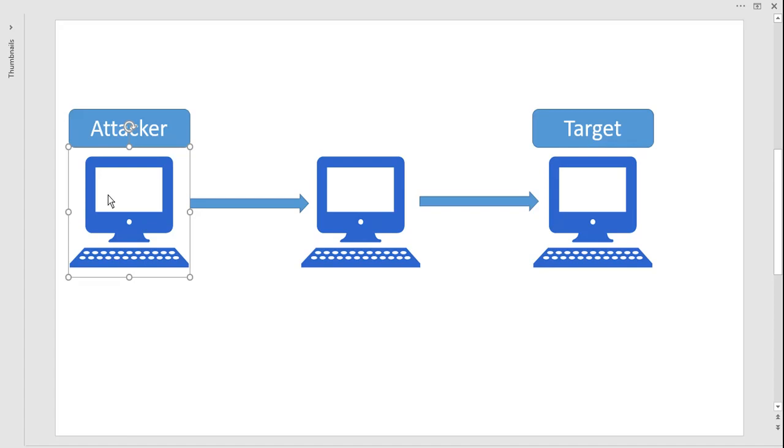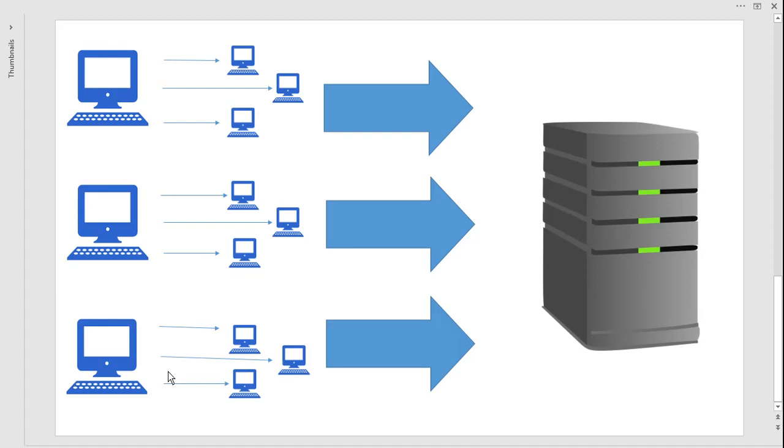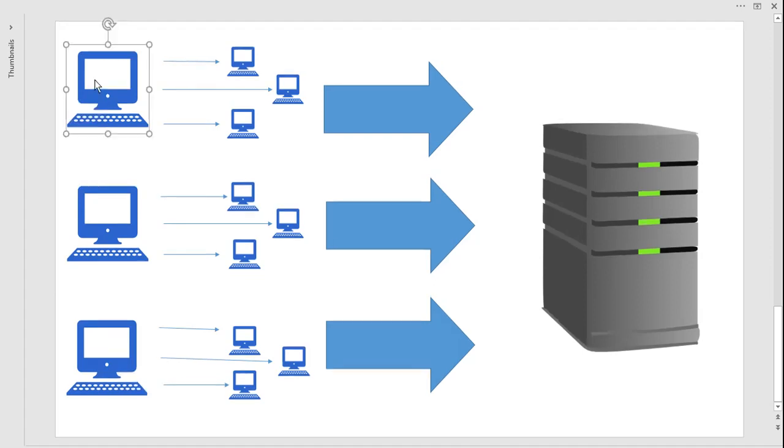But if your target is big, like Wikipedia, then a DOS attack will not work on that website, okay? So you have to go for a distributed denial of service attack, right? Which is DDoS. In this DDoS attack, a group of hackers will come together to take down a big target, right?